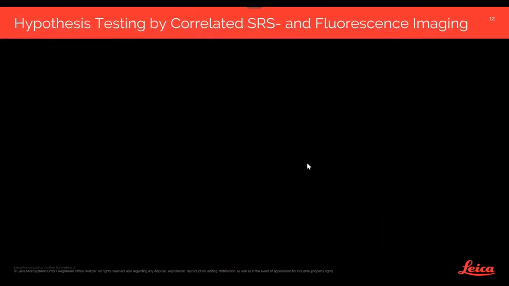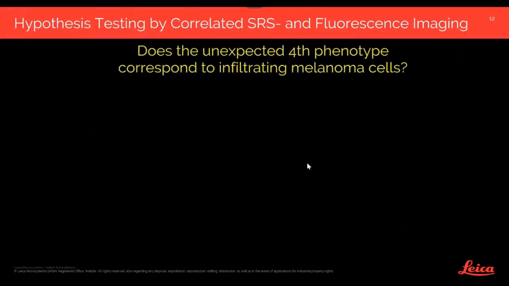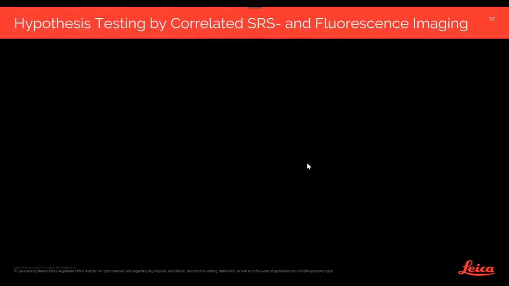So we can use correlations between stimulated Raman and fluorescence imaging to test hypotheses. For example, we just discussed that there's this unexpected fourth phenotype, very lipid-rich, sparse set of cells. And one of the hypotheses was that they might correspond to infiltrating melanoma cells.